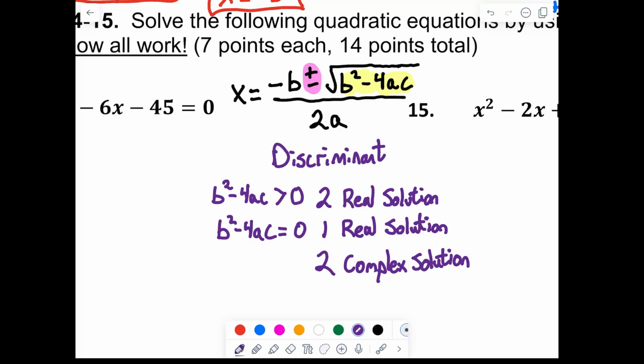Whether I add 0 or subtract 0, that's not going to change anything, effectively taking away this plus and minus, because if I add 0 or subtract 0, it's the exact same thing. I'm going to end up with the same answer, right? So if the discriminant is 0, I have one real solution.